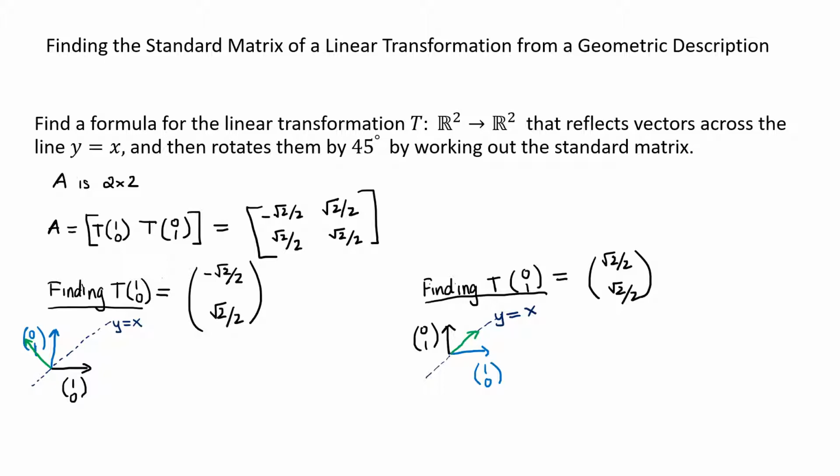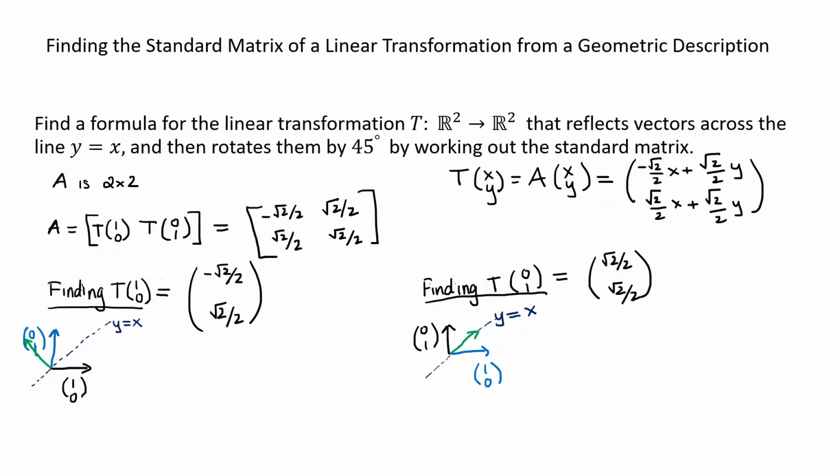So T of x, y is A times x, y, and so we get the formula. Our first coordinate will be negative square root of 2 over 2 x plus square root of 2 over 2 y. Second coordinate is square root of 2 over 2 x plus square root of 2 over 2 y. Okay, so just by finding the images of these two vectors, we can write down a formula to find the images of all vectors.